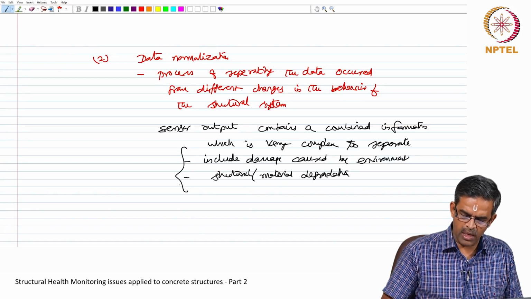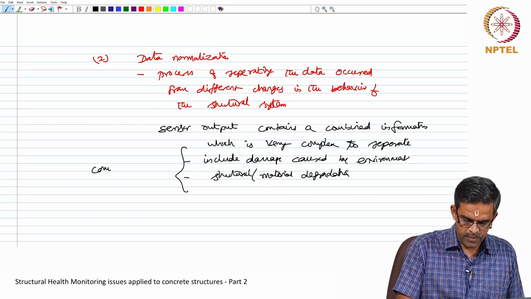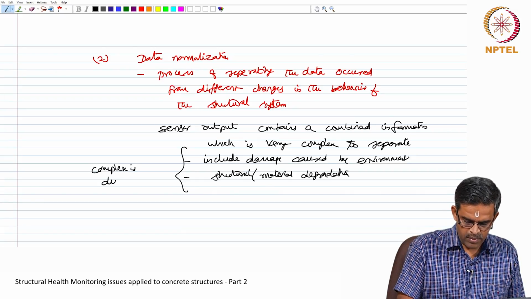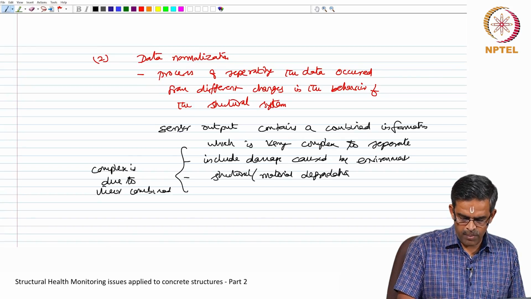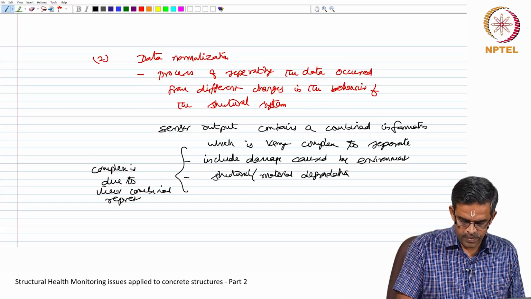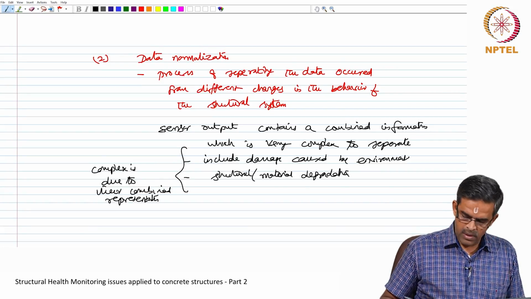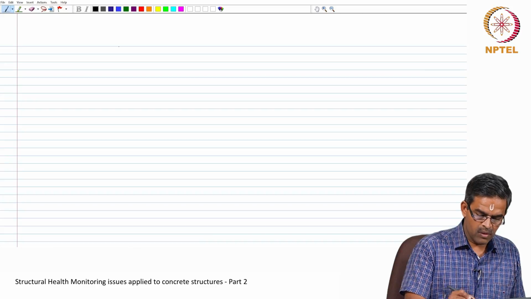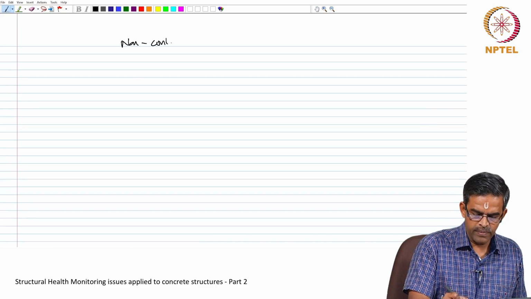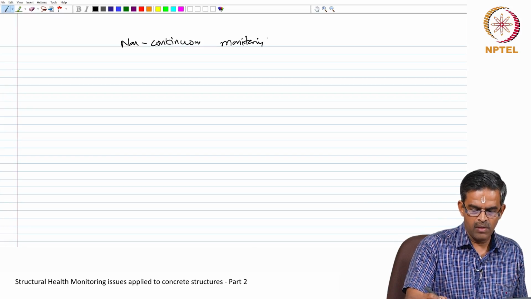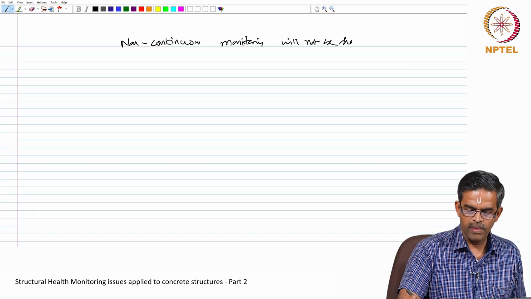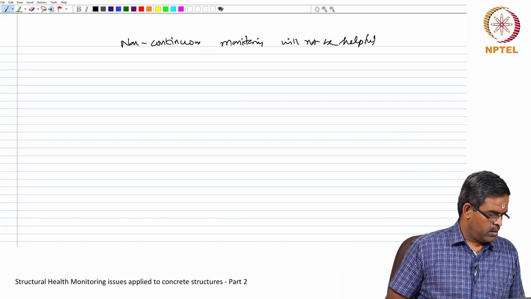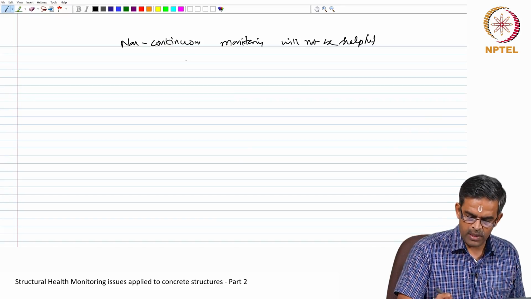When all of them are combined together, it makes it very complex, the combined representation. Therefore, non-continuous monitoring will not be helpful to normalize the data.